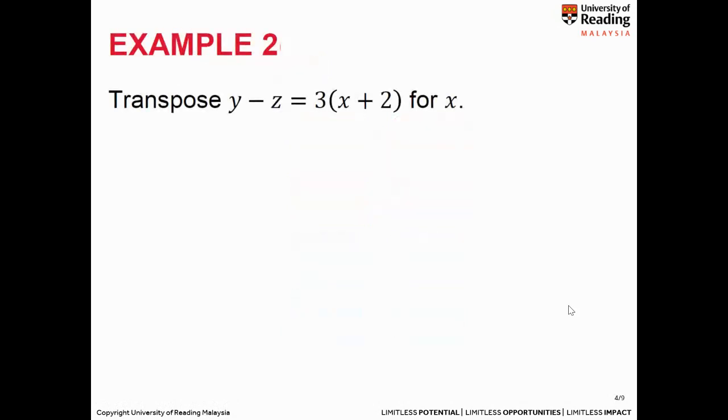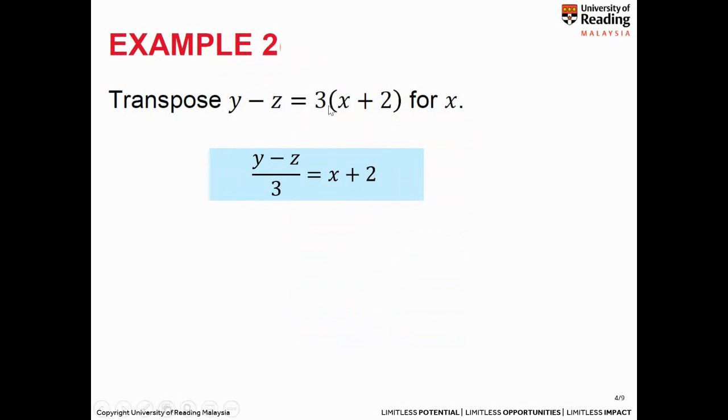Let's look at another example. Transpose y minus z equal to 3 bracket x plus 2. You can try to do this on your own and pause the video for a minute or two. You will continue after you get your answer. Let's check your working, see whether you get it right or not. So here I can bring the 3.